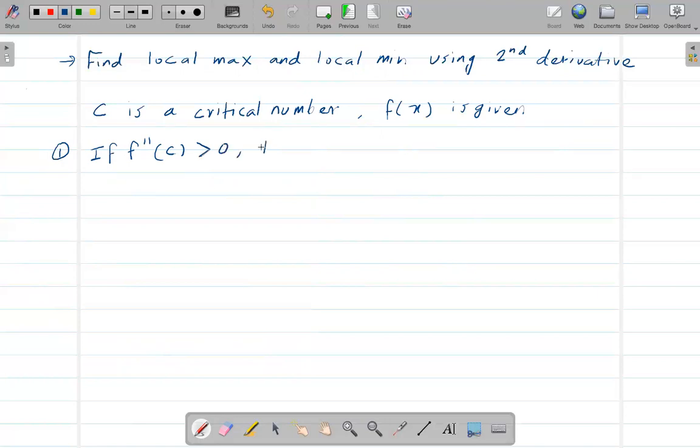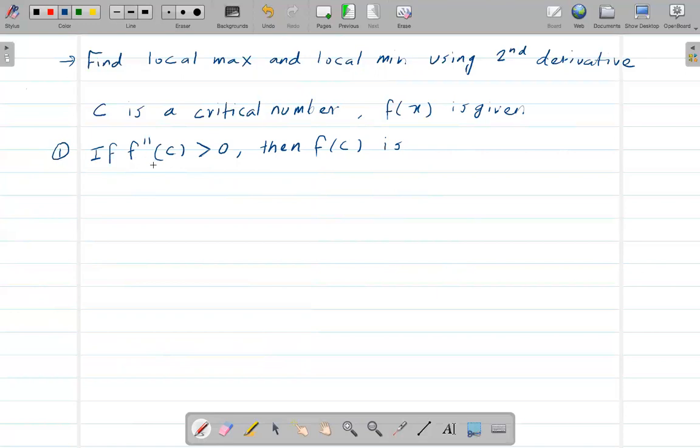If we get this positive, then at that point c it should be a local minimum, not maximum, when you use the second derivative.